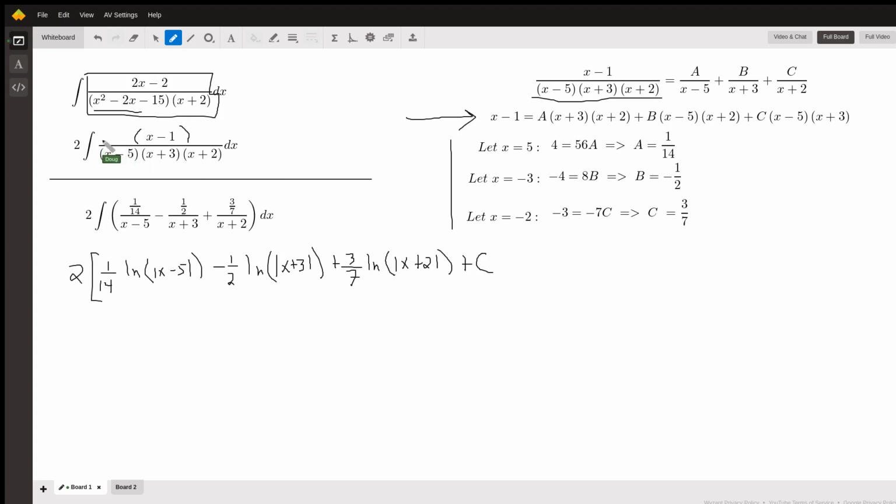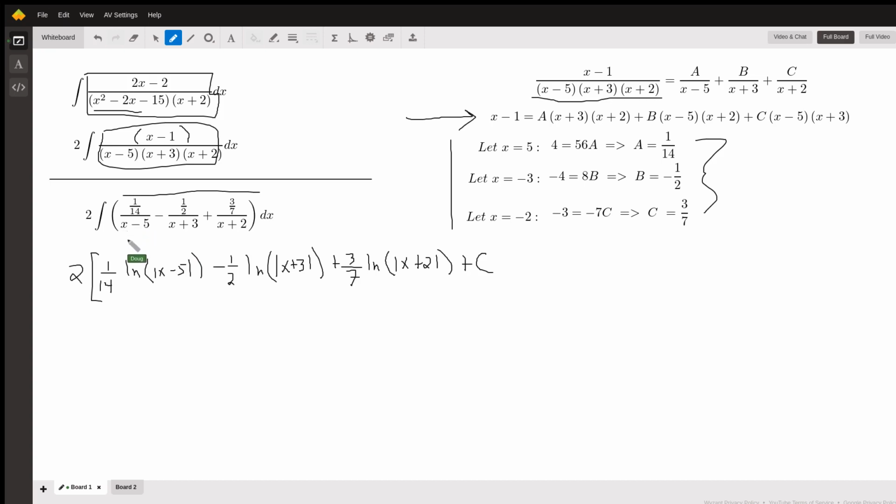So this part right here can be rewritten this way based on these values right here. So a over x minus 5 minus 1/2 over x plus 3 plus 3/7, which is c over x plus 2. Then take the antiderivative term by term.